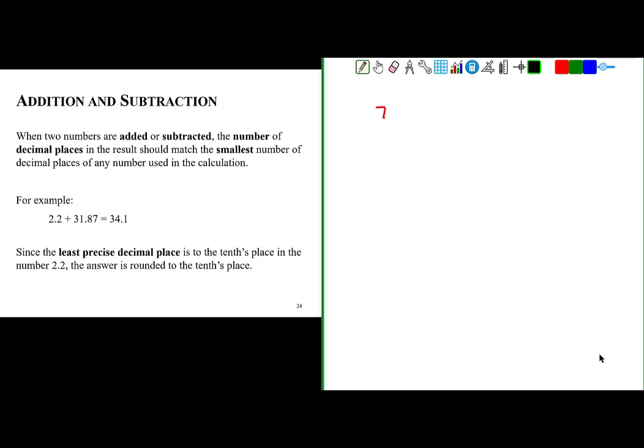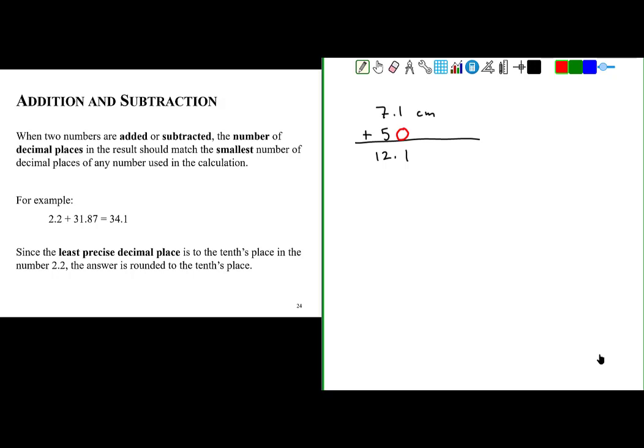So when adding and subtracting numbers with uncertainty, look at the decimal places. Go ahead and add your two numbers together and don't round yet. Only round when you're deciding on how to express your final answer. And how we're going to do this, what helps me visually is to do a vertical line that splits my unknown decimal place and my reported decimal place.